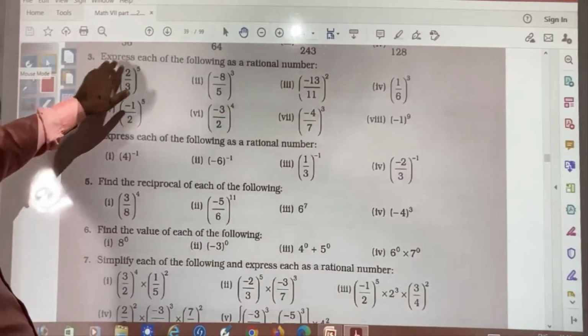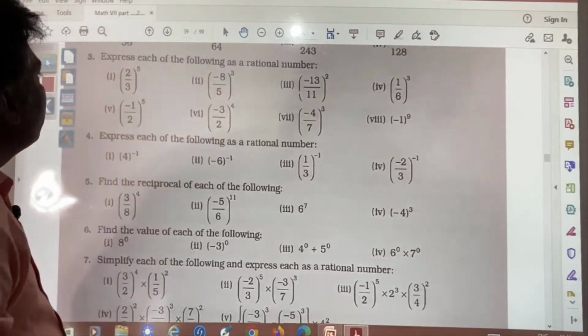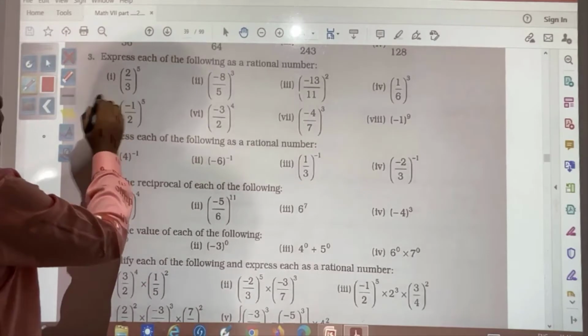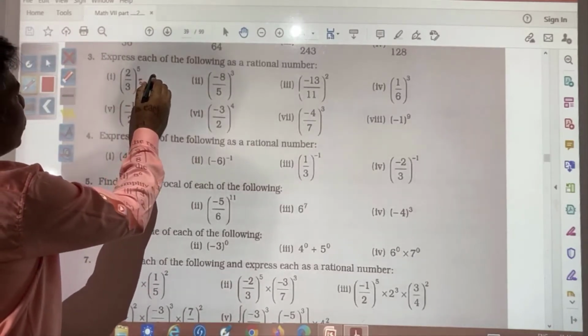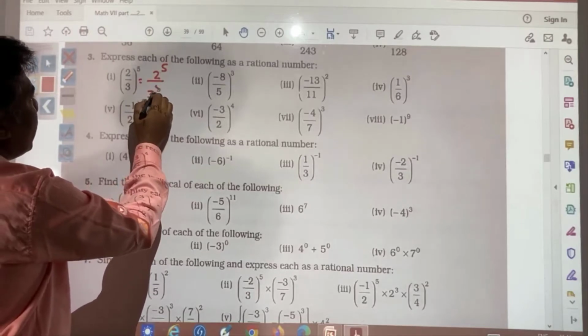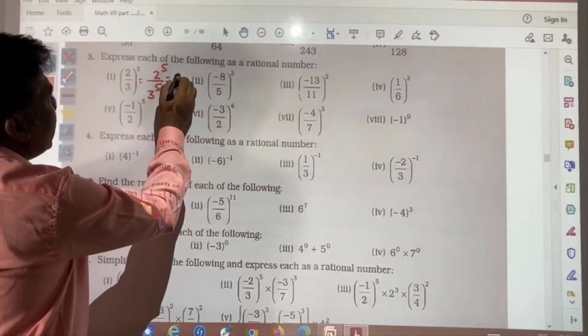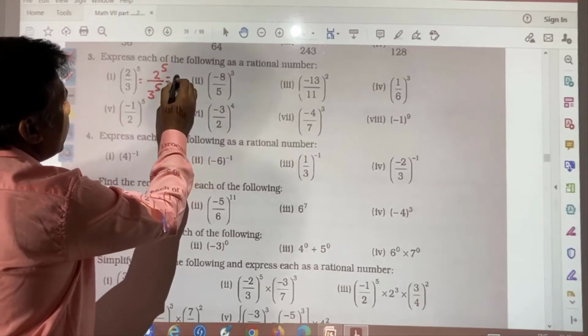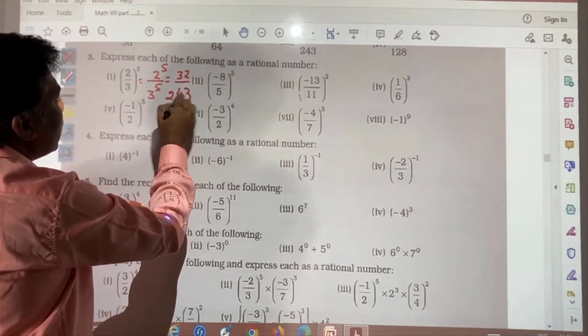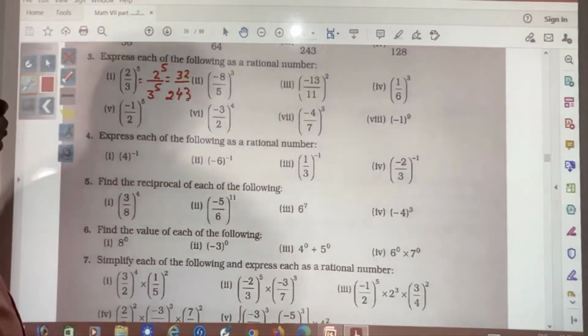Next you have: express each of the following as a rational number. Here you have 2 by 3 to the power 5, and that is equal to 2 to the power 5 divided by 3 to the power 5. So just multiply, and you will get 32 divided by 243, and this will be your answer.